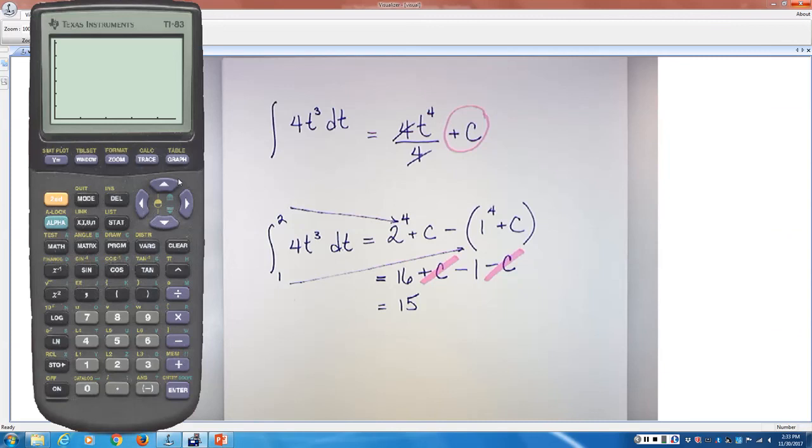This one can't do it, it ran out of memory. But it can calculate it really quick. Okay?